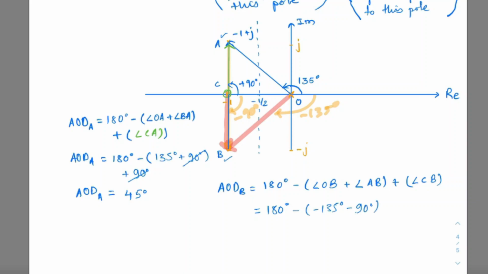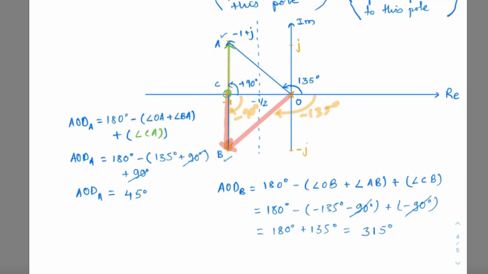So here this 90 would get cancelled and we'll have 180 plus 135, so 315 degrees.